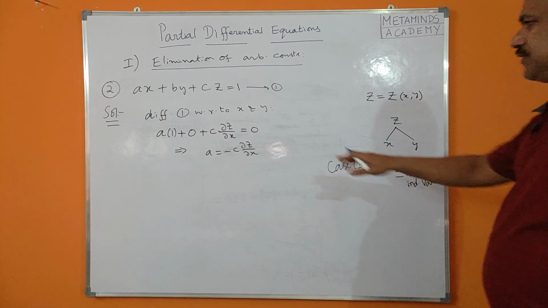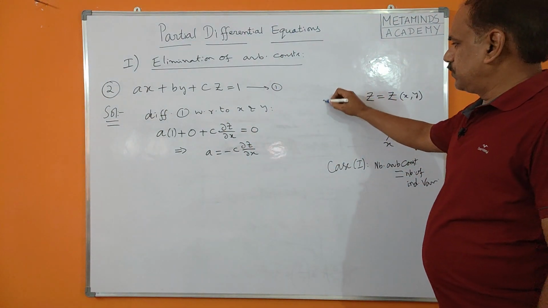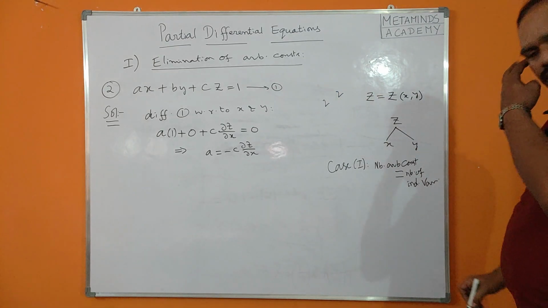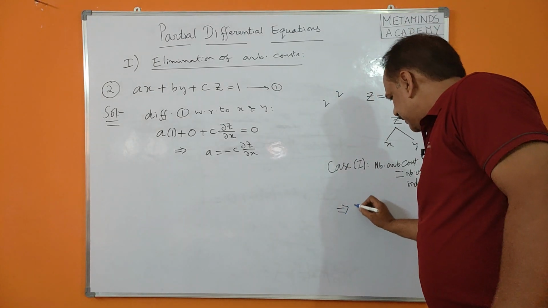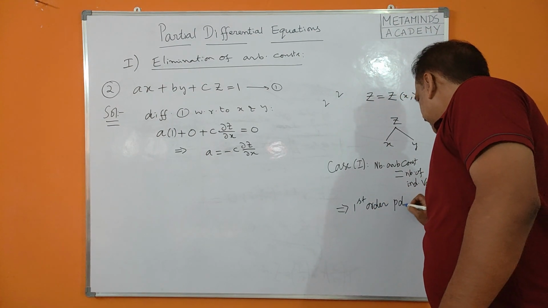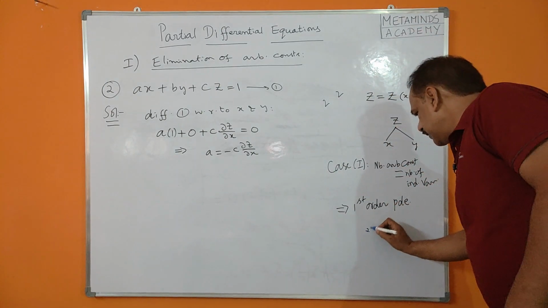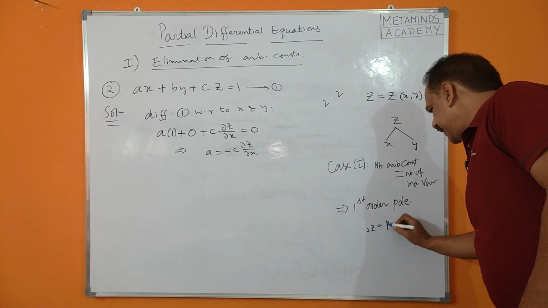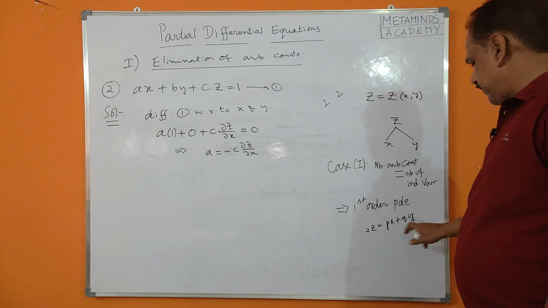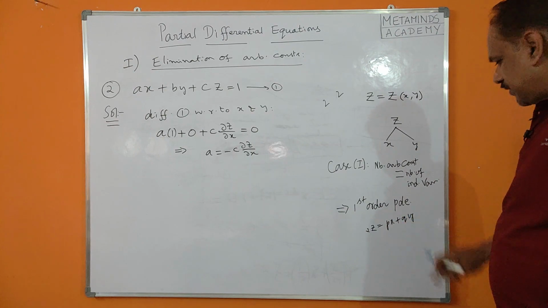In the previous problem, number of arbitrary constants a and b is 2 and number of independent variables also 2. So in this case, you will get a first order partial differential equation. See, what is the answer in the previous problem? 2z equal to px plus qy. It is a first order partial differential equation because it contains first order partial derivatives p and q.